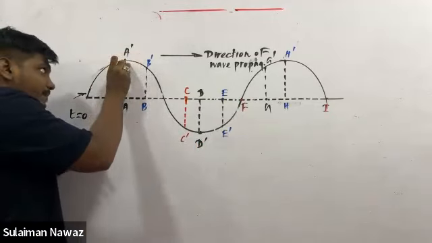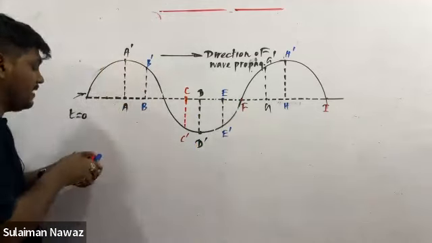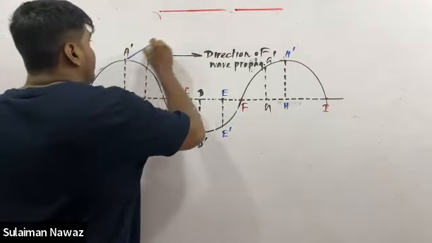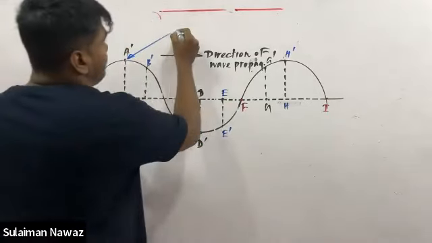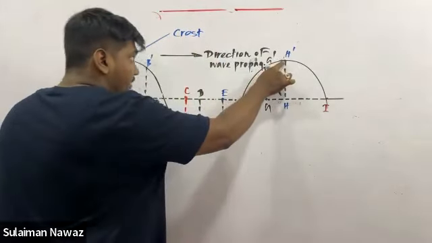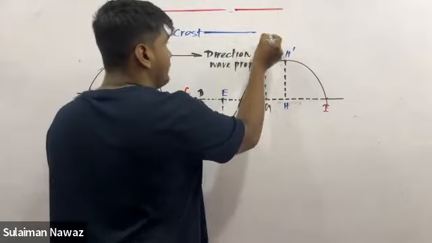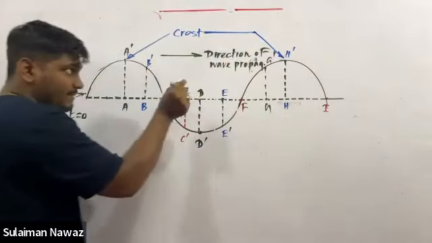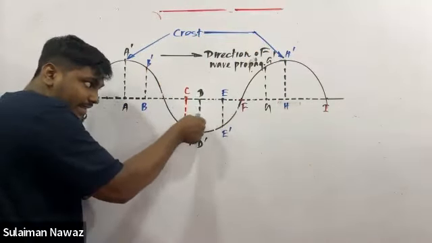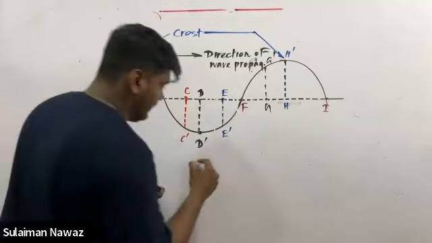Therefore, maximum positive displacement points, we call them crests. These are crests. Maximum negative displacement points: think about capital D, displaced negatively with the maximum displacement. We call this point a trough.